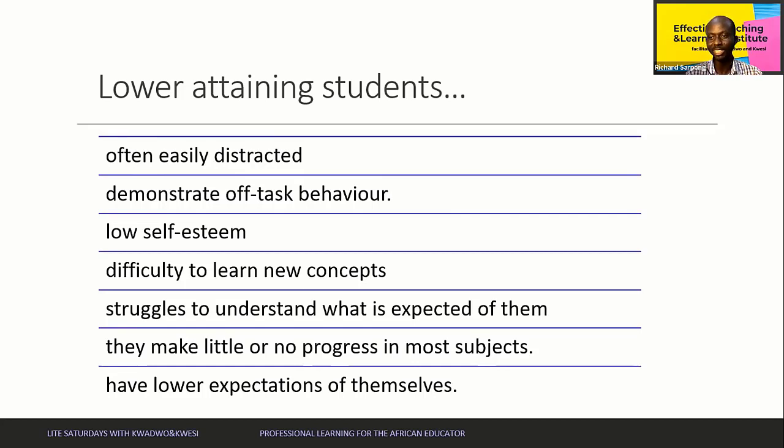Just by looking at somebody's handwriting, the teacher can alter certain words, which at the bottom line is just going to affect the child's self-esteem and confidence, and does not enable this child to have high expectations of themselves and an interest in the subject so that they can make the required progress. So these students are always struggling to understand what is expected of them. They find it difficult to appreciate, understand and learn new concepts. They are always off task.